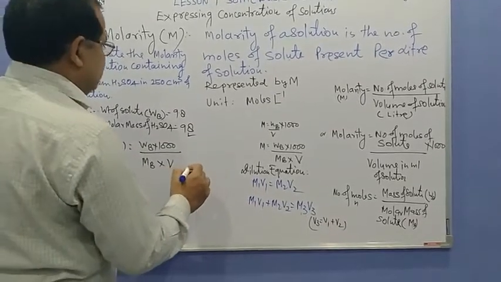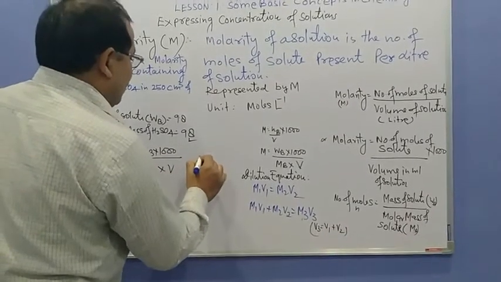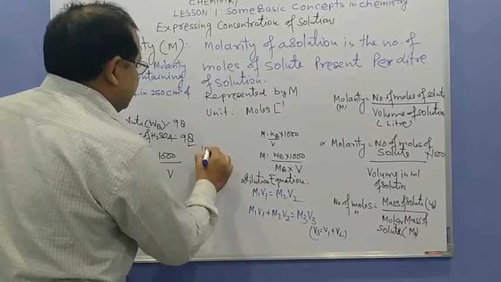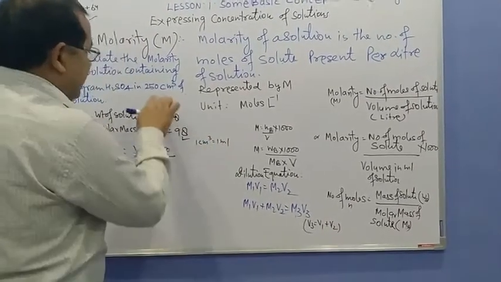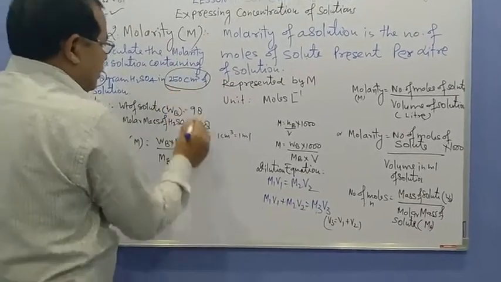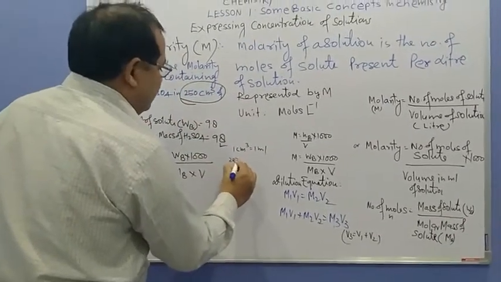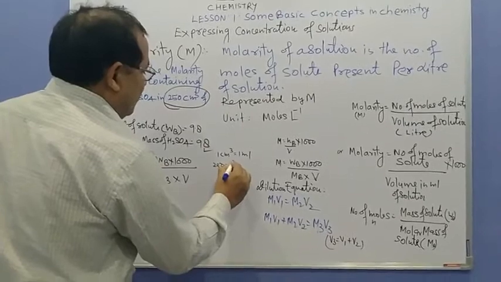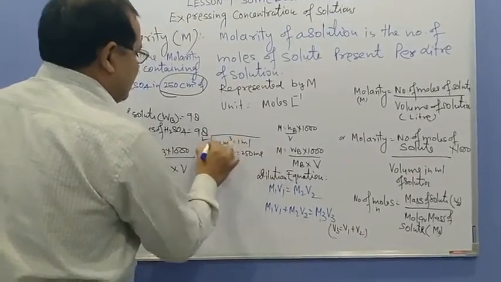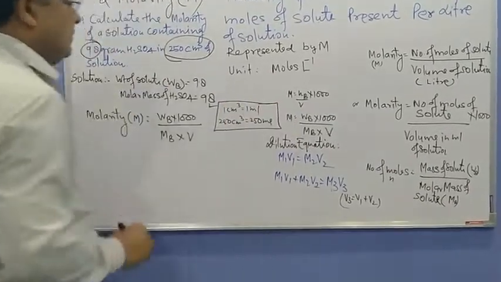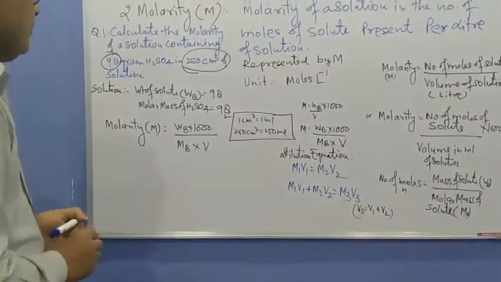My dear students, you should know 1 centimeter cube equals 1 ml. Here the volume is given as 250 centimeter cube. So the volume will be 250 ml.